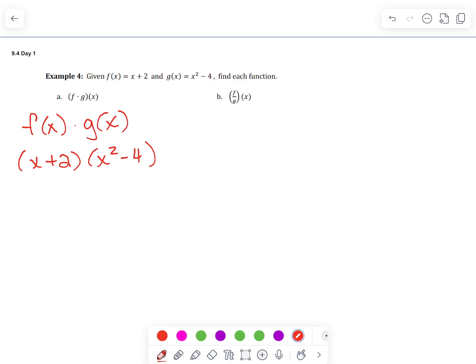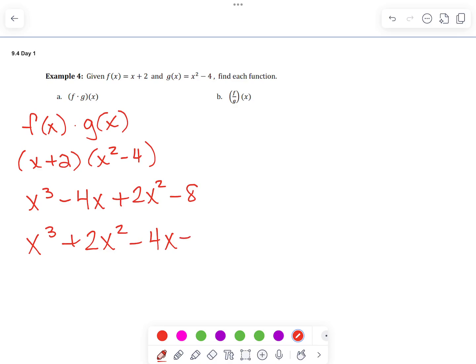So first we get x cubed, outside, negative 4x, inside, 2x squared, last, minus 8. Then we're going to put it into standard form. X cubed plus 2x squared minus 4x minus 8.